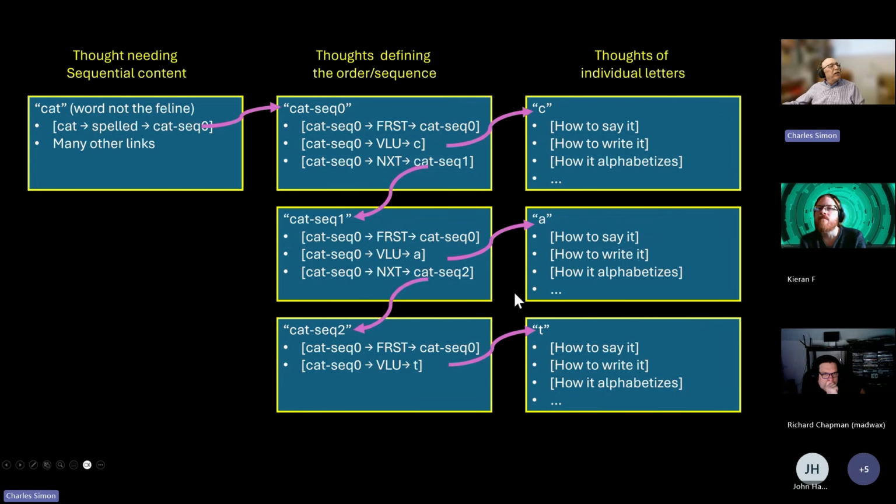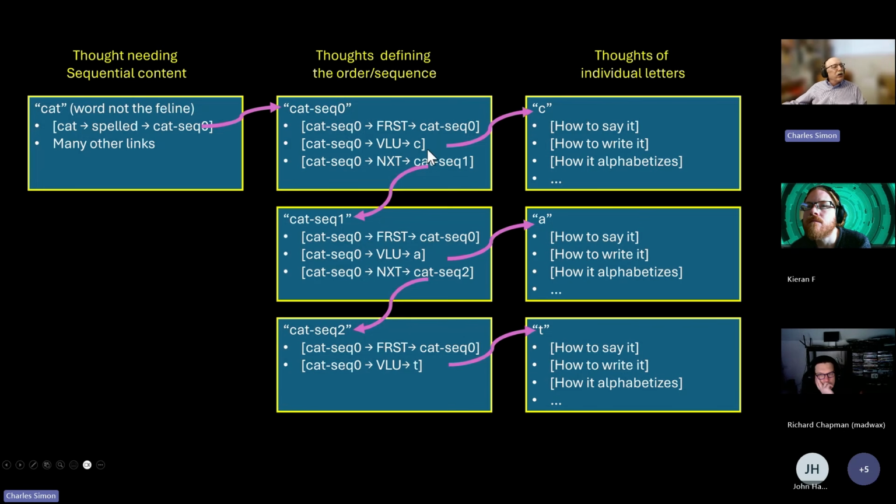And here's the spelling of cat. So we have a single thought, which is cat is spelled, and then we're going to have the sequence of letters. And the sequence of letters has to look like this, where you have cat sequence 0, sequence 1, sequence 2. I put these names on just to keep track of them.